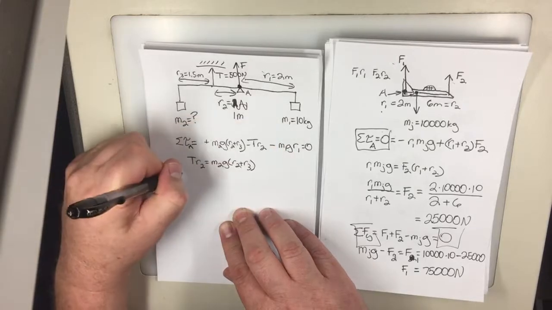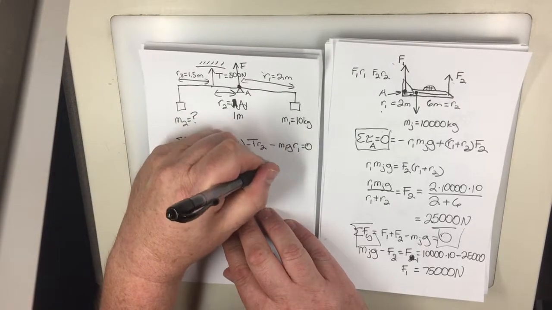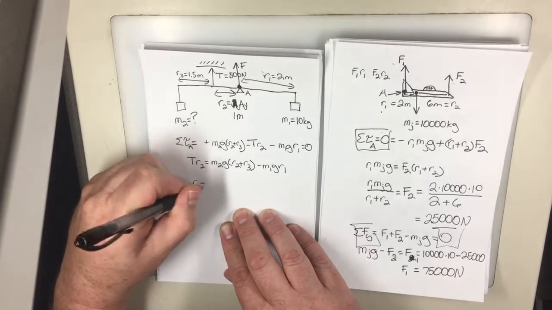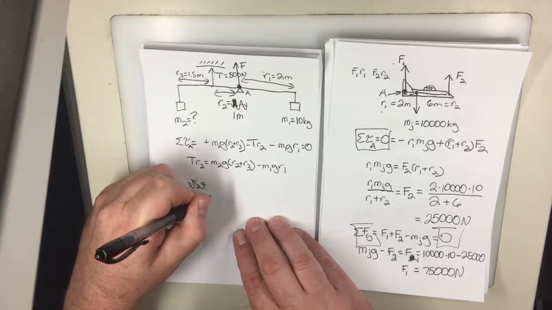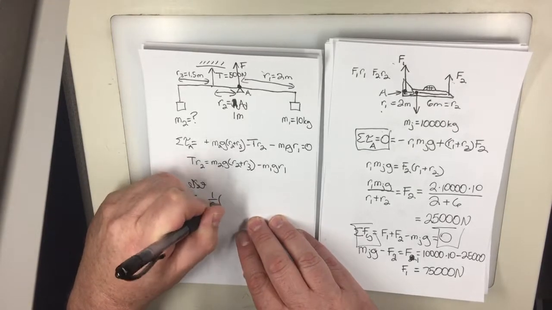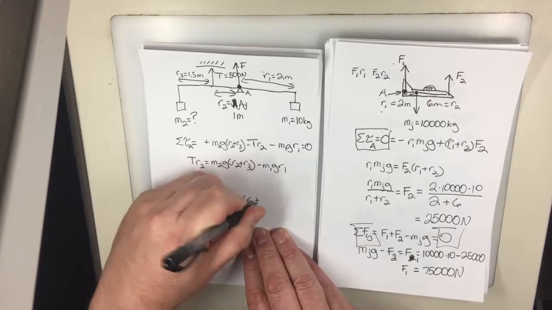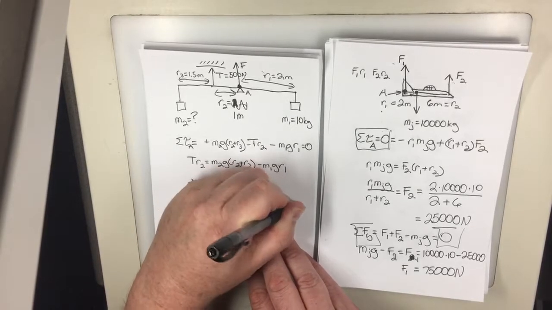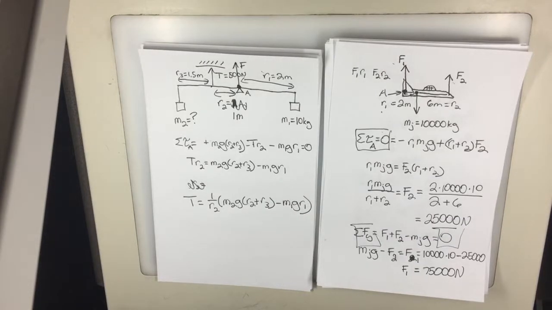That effectively goes over there and becomes this. That stays there, minus M1G. And so I get this.